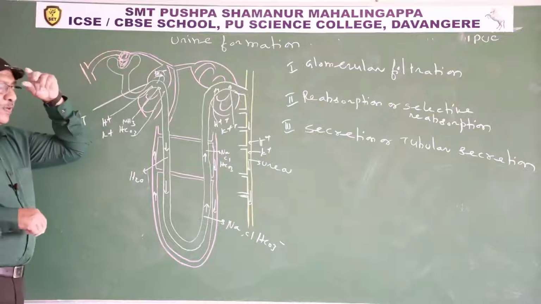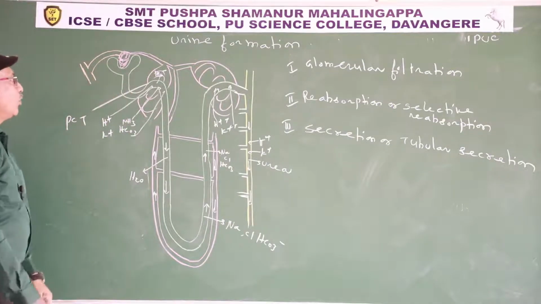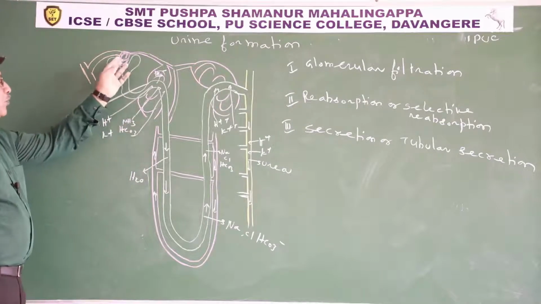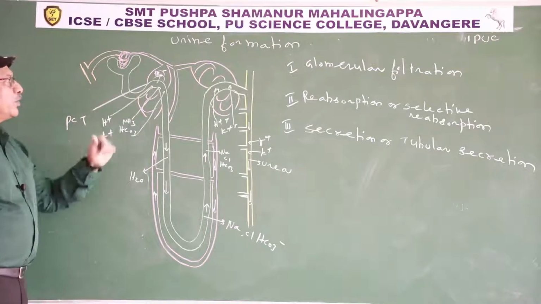Afferent arteriole is bigger than efferent arteriole. More amount of blood enters into the glomerulus when compared to blood leaving from the glomerulus. It creates hydrostatic pressure.